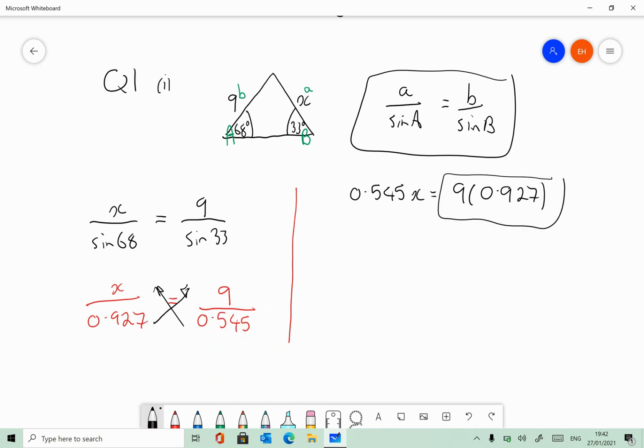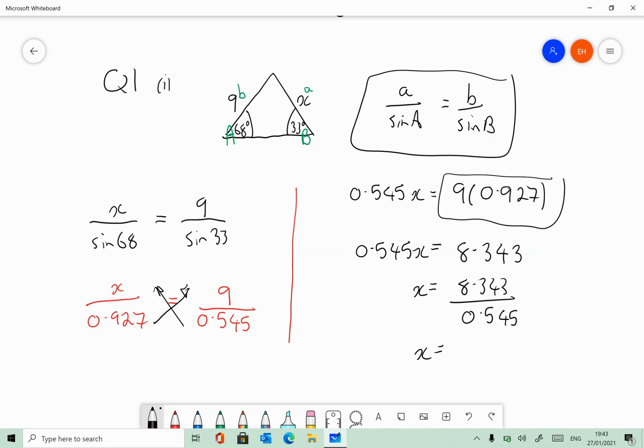You will probably put that into your calculator now at this stage. So it's 9 multiplied by 0.927, which is 8.343 is equal to 0.545x. So x by itself must equal 8.343 all over 0.545.